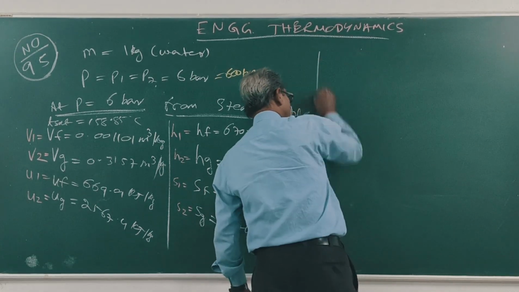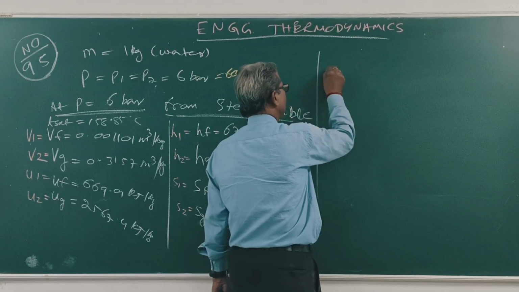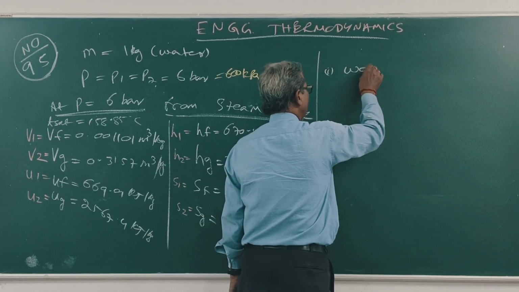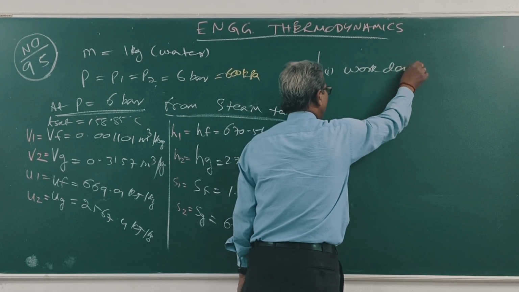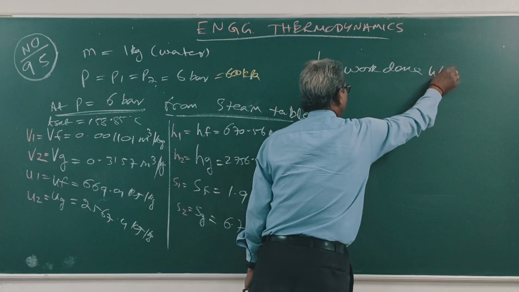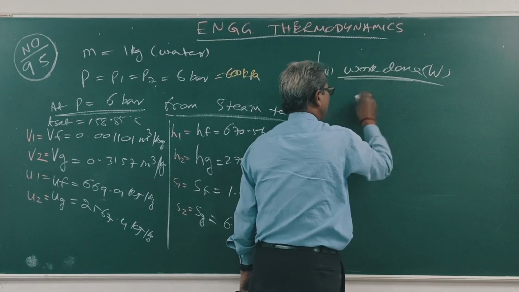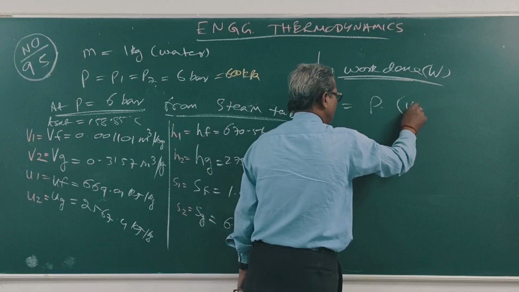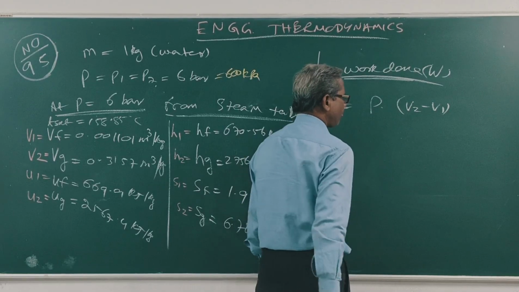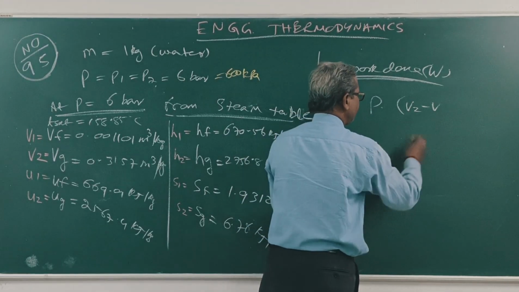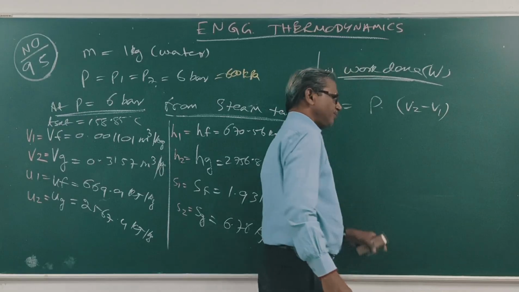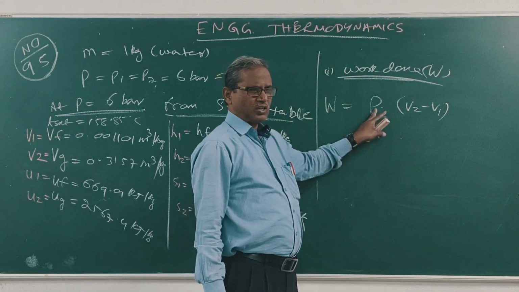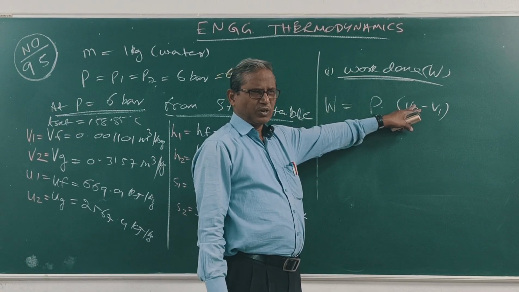Number 1, work done. Work done is equal to P into (V2 minus V1). Clear? This is in kilopascal. This is in meter cubed per kg.